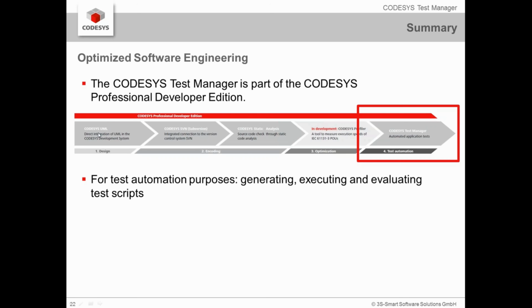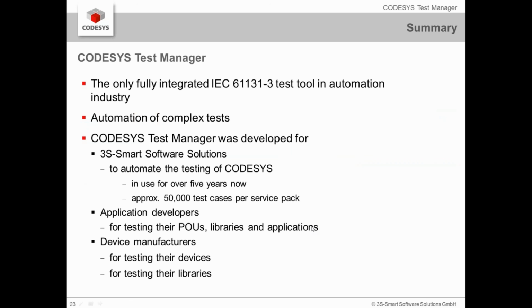Some other tools available for UML, Subversion integration, static analysis, profiling. By the way, this is already released, so no more in development. And one part is here the CODESYS Test Manager. It's for generating, executing, and evaluating test scripts. It's fully integrated, and the only tool that is fully integrated into an IEC 61131 programming environment. It's for automation of complex tests.